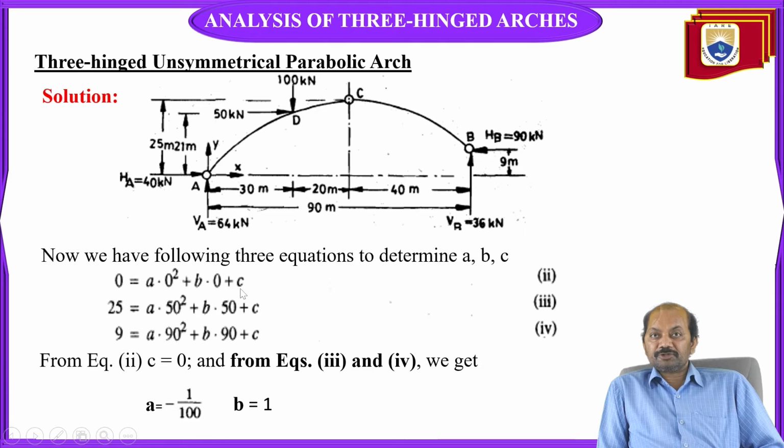Then c is equal to 0. Now substitute y is equal to 25 when x is equal to 50. By solving equation 3 and equation 4, we get a is equal to minus 1 by 100 and b is equal to 1.